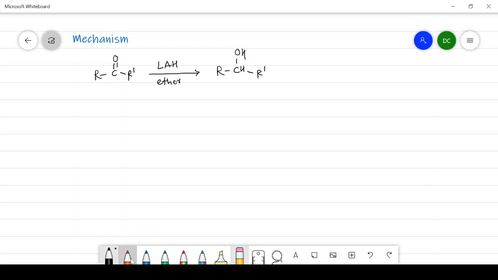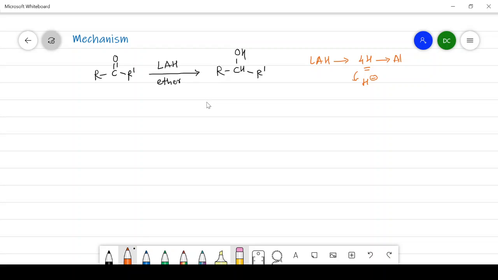Now the structure of lithium aluminum hydride contains four hydrogens attached to the aluminum, and these four hydrogens behave as hydride ions in the reduction process.